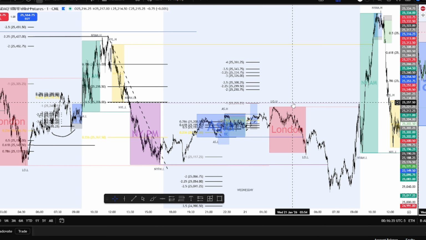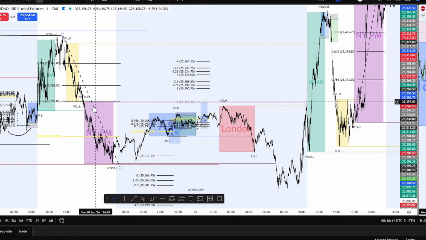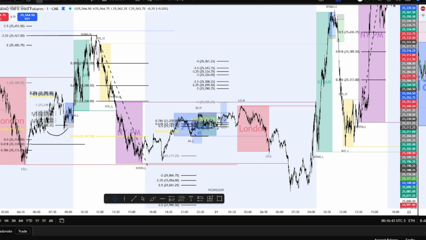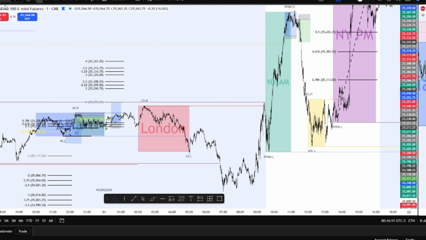So we actually did not get a reaction off of that until AM session. So this leg did not end up getting rebalanced. This imbalance did not get filled until the next day. So sometimes it does take some time, but you actually could have taken that trade. This is Wednesday's AM. We'll get into that in a second.